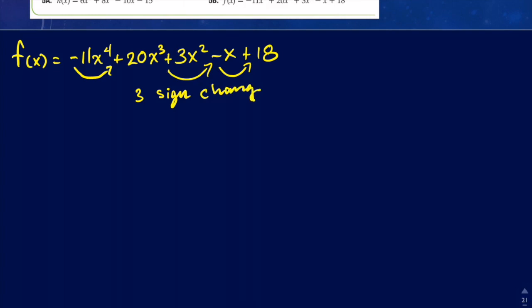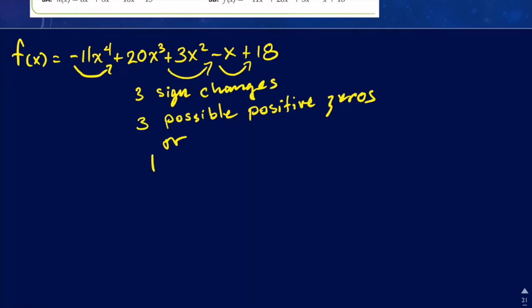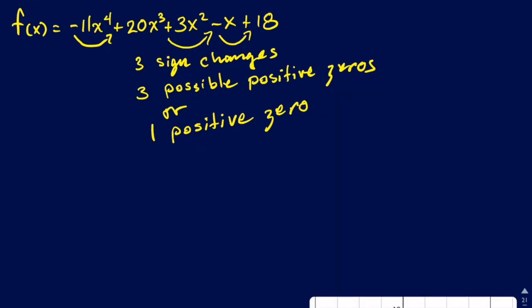And 3 sign changes on just f of x says that there are 3 possible positive real zeros, or minus 2, which would be 1 positive zero. So now we know how many positive zeros there could be.